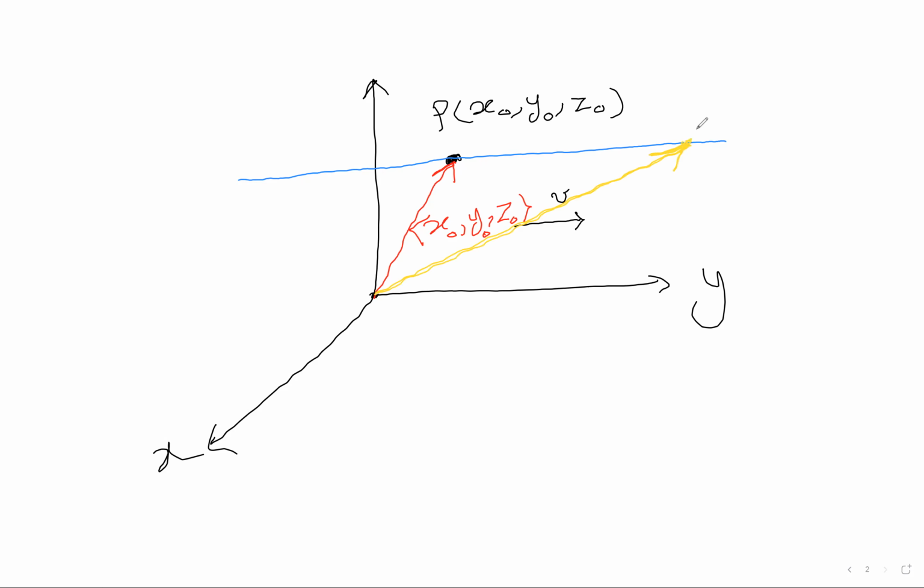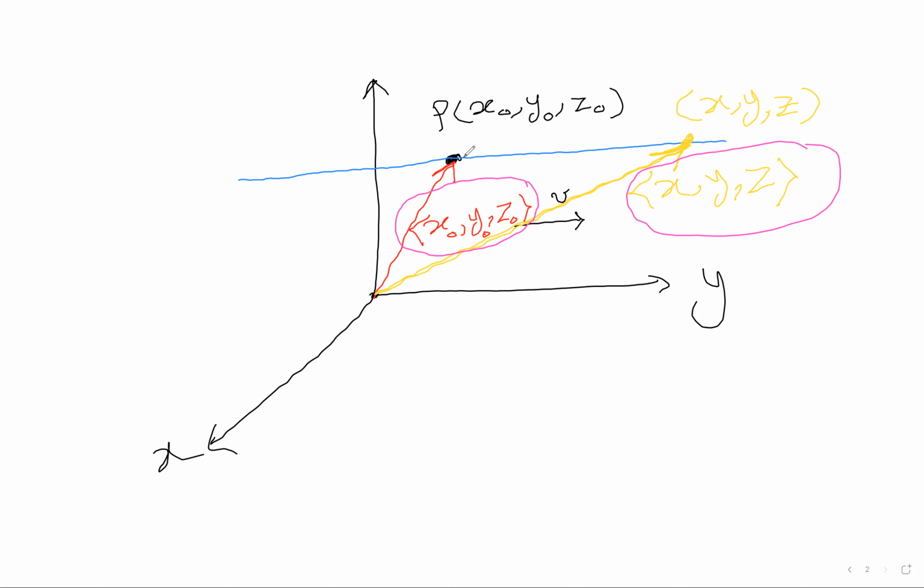So if this arbitrary point on the line is x, y, and z, this vector is the vector x, y, z. So how can I obtain this vector x, y, z using the given vector? That's the vector connecting the origin to the point x0, y0, z0 in the direction of v.